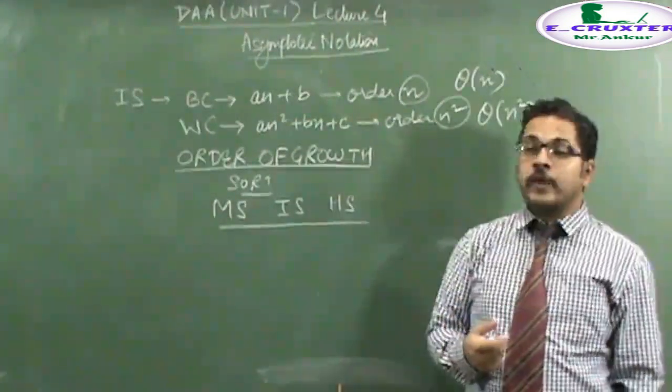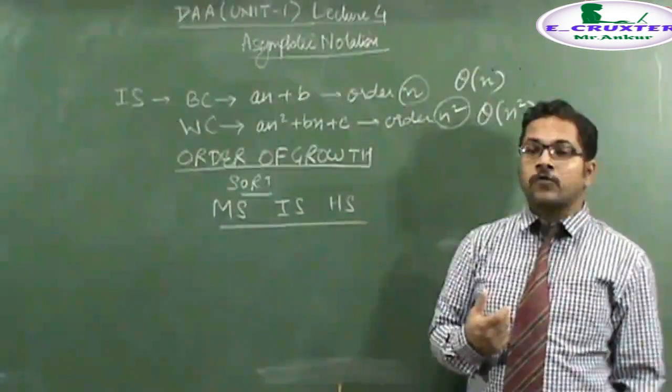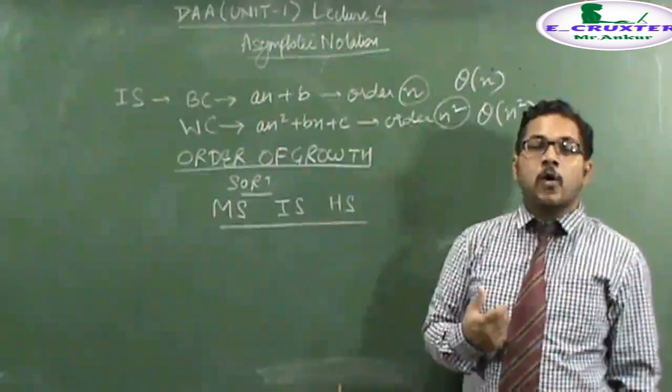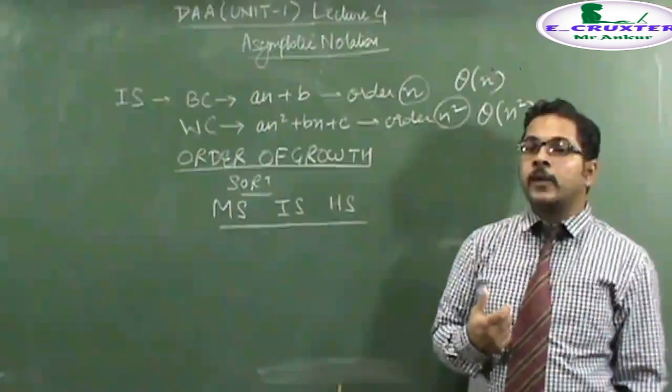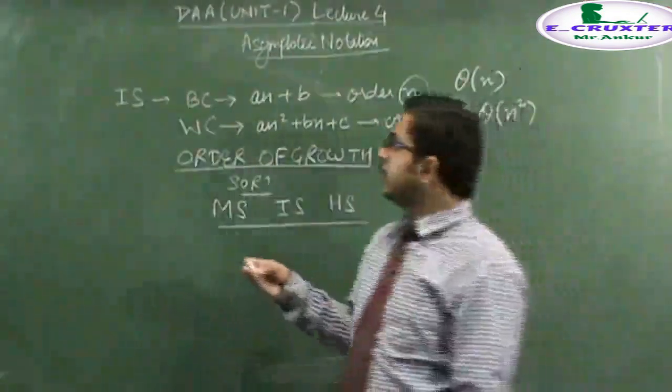For large enough inputs, the multiplicative constants and lower order terms of an exact running time are dominated by the effects of the input size itself.